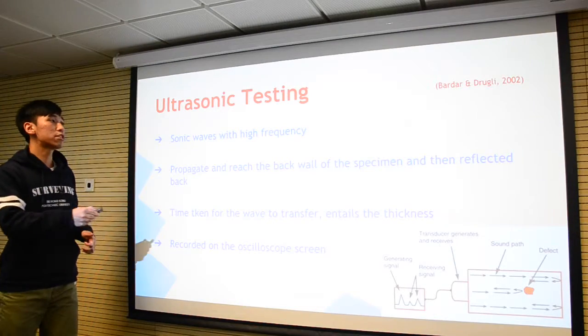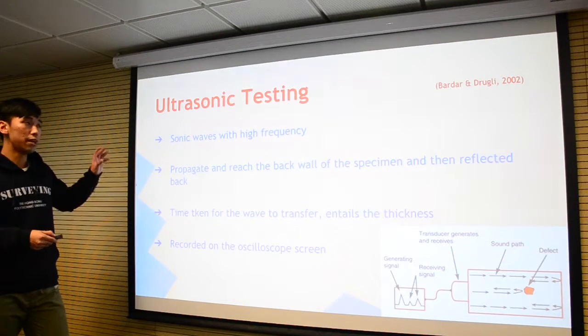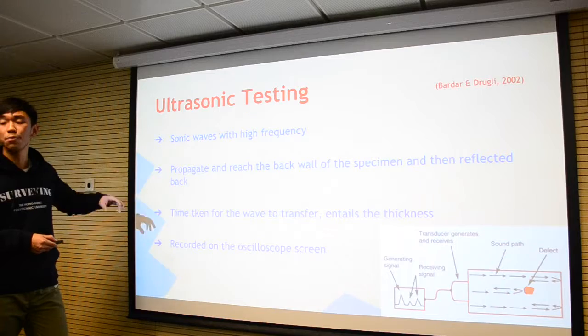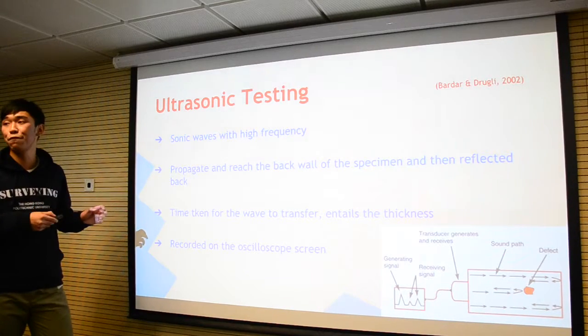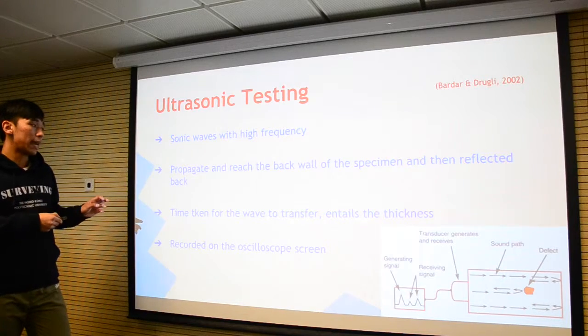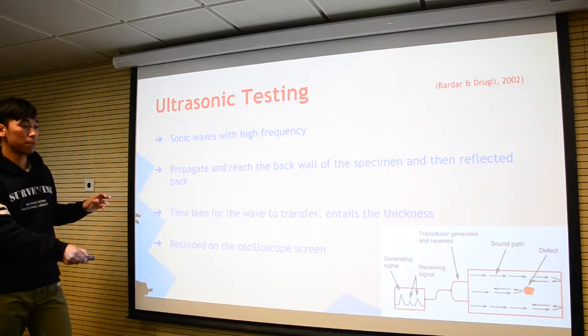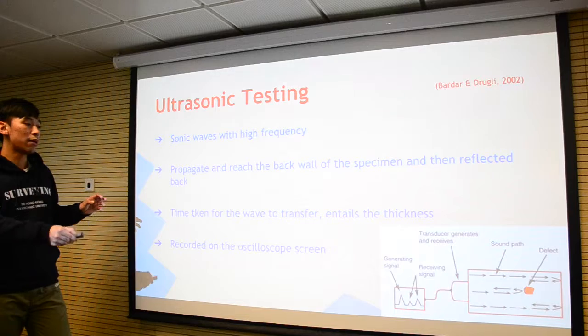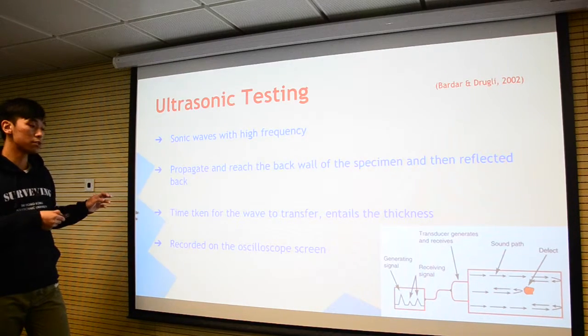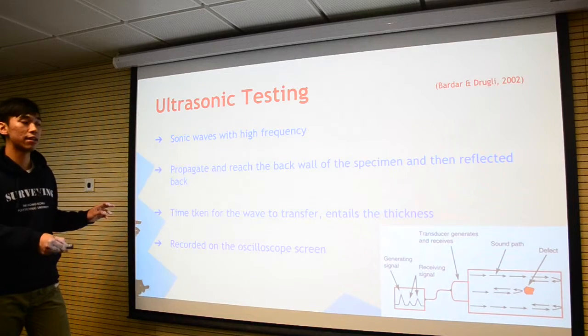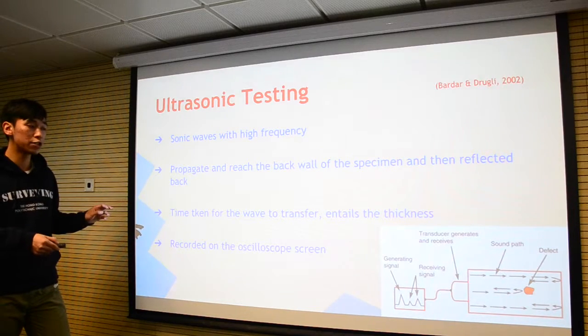Another method is ultrasonic testing. The principle is similar to radiographic testing. However, it utilizes sonic waves with high frequency. They will propagate and reach the back of the tested sample and then reflect back. The time traveled by the sonic waves reflects the thickness of the metal.